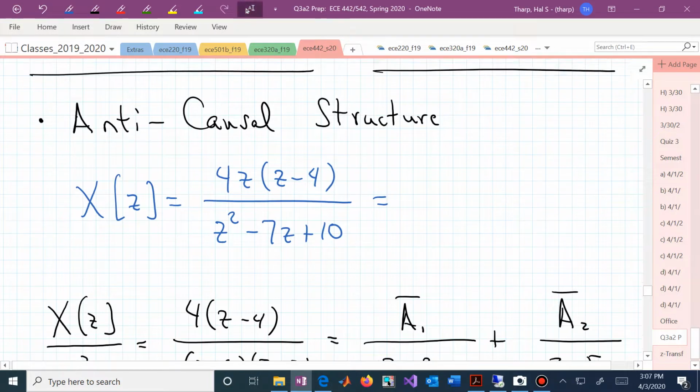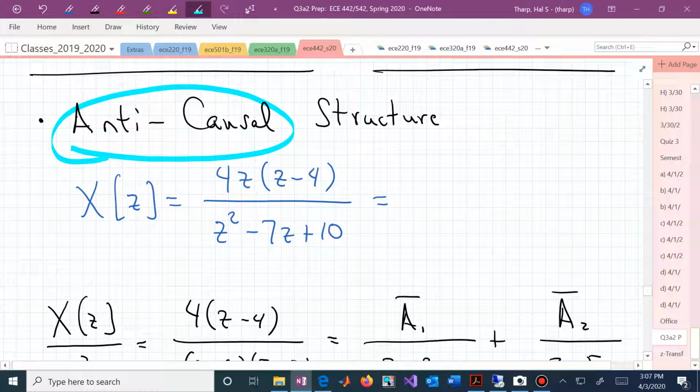What about this anti-causal sequence? Again, this is where people get a little bit confused, because our tables are typically generated for causal sequences. But we now need to introduce a sign negation between the time domain expression and its z transform.